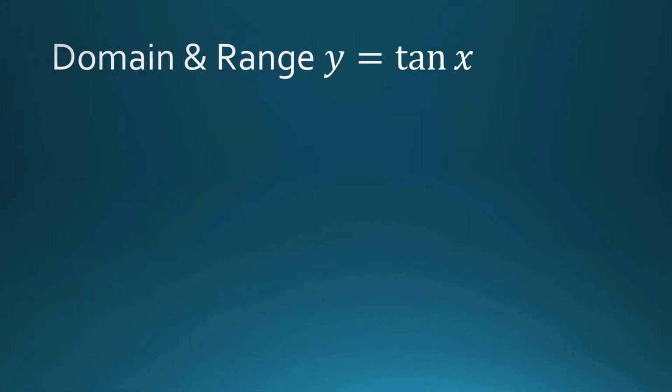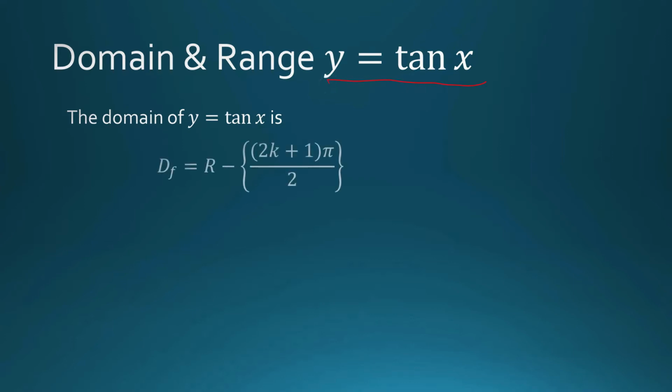In the previous video, we were able to derive the domain and range of the function defined by y is equal to tangent of x. And we discovered that the domain of this function is the set of real numbers except pi over 2, 3 pi over 2, 5 pi over 2, and so on and so forth.